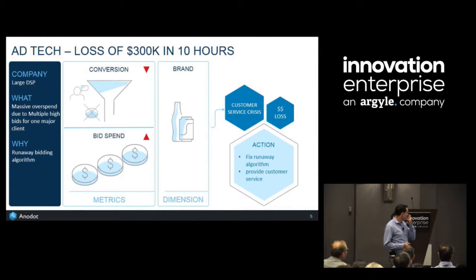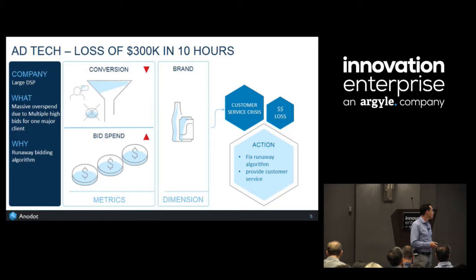And these are two more examples. One is from the adtech space, where a company spends advertising money for their customers, and they had a bug in their code. For 10 hours they were spending the budget that the company gave them incorrectly, and they had a loss of $300,000 from a problem they could have discovered in the first minute, but because they didn't have the right solution in place, it was discovered after 10 hours.